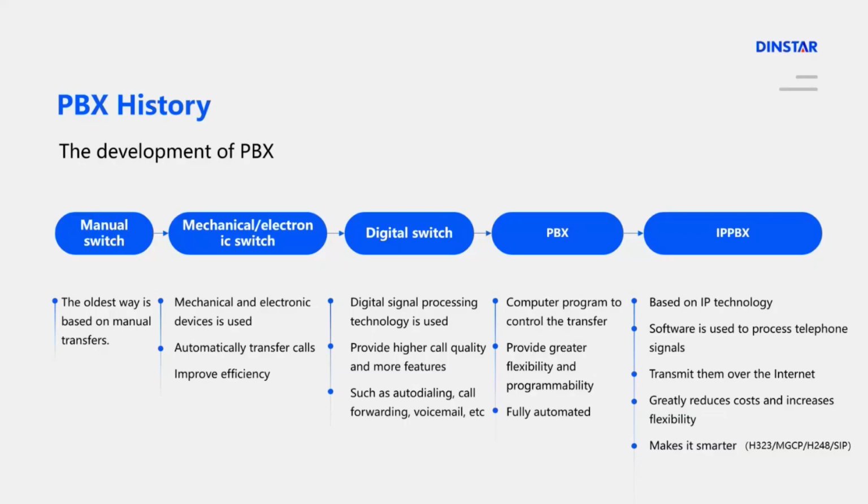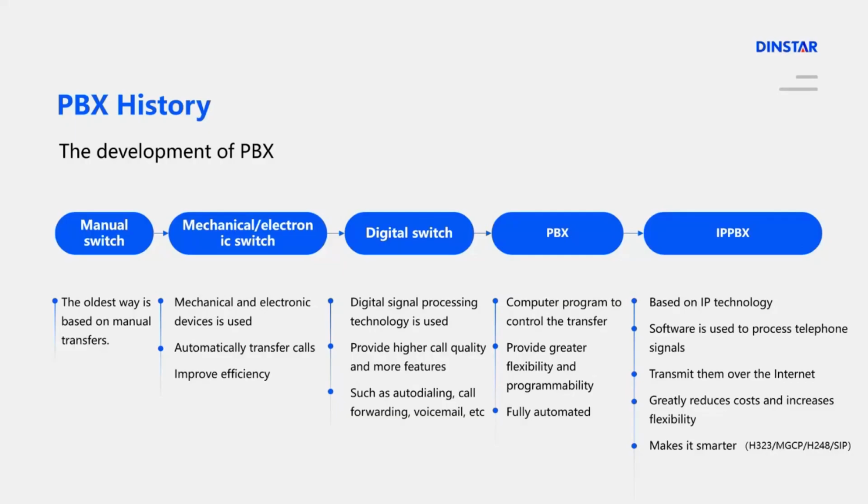But this traditional PBX had limits, like the bulky hardware, the single function design, and the high maintenance costs. And then came the IPBX, a telephone switch based entirely on the IP protocol.